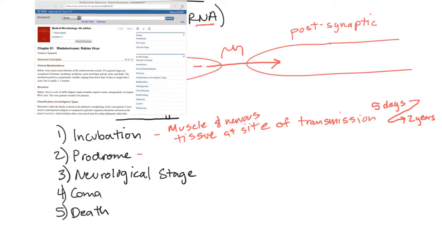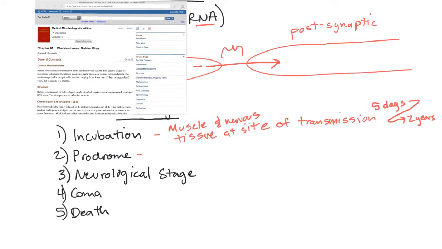So if someone gets bitten by a dog and you don't know if it has rabies or not, do you just get the rabies shot as a preventative measure? Yes, the rabies shot is an injection of antibodies which will help target the virus with your immune system.